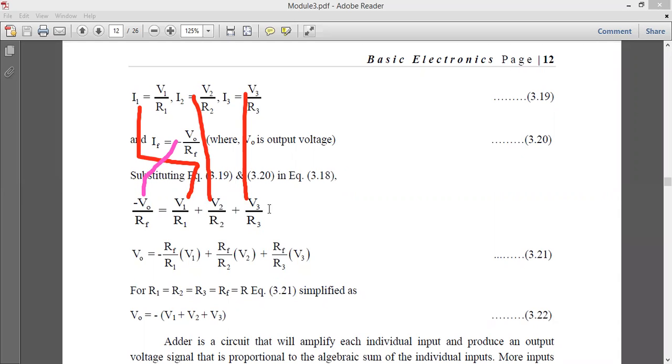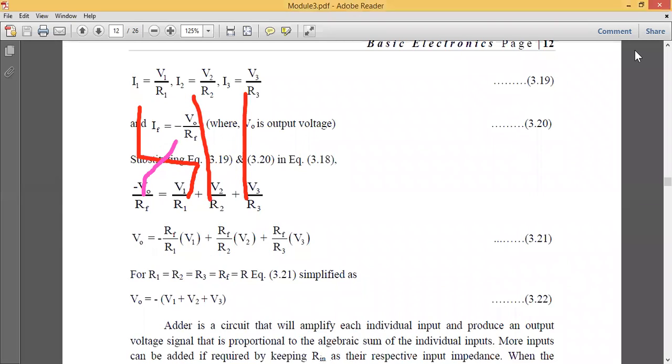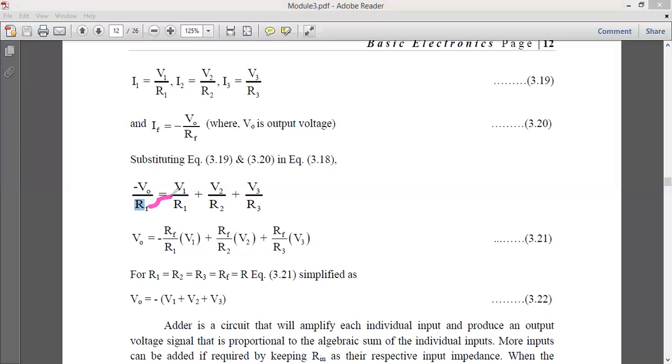Now let us modify the given equation. How to modify this equation is, the resistance RF, whatever you are seeing here, you multiply this RF towards the RHS side, multiplying it with the whole block here, like this.